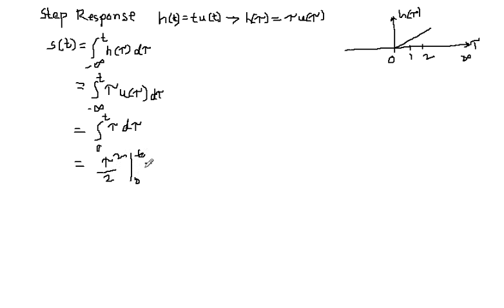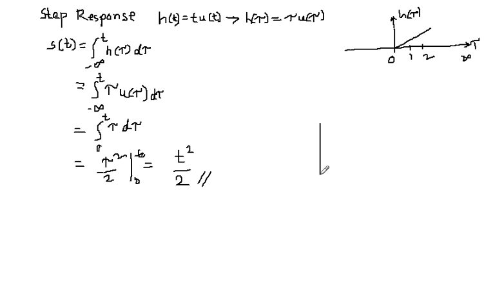And when we solve this, tau square becomes t square by 2. So t square by 2 is the step response of the given signal t into u of t. We can draw the signal also.